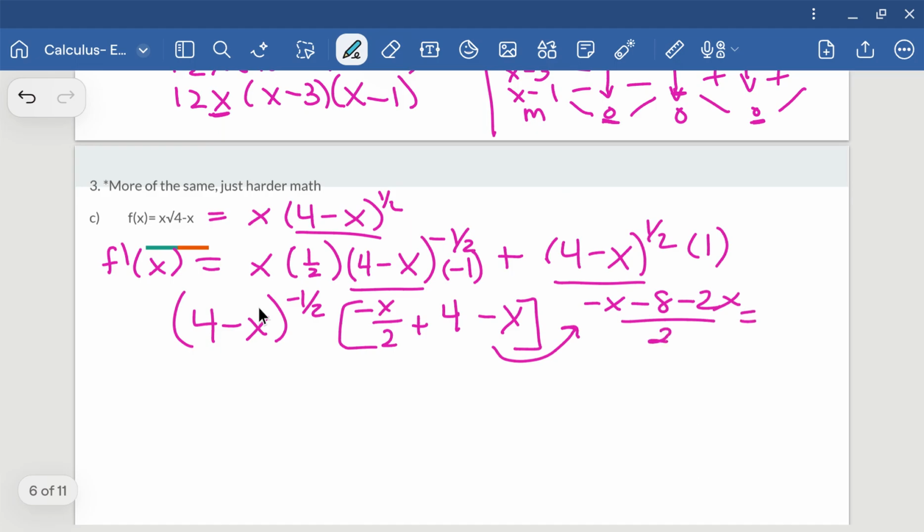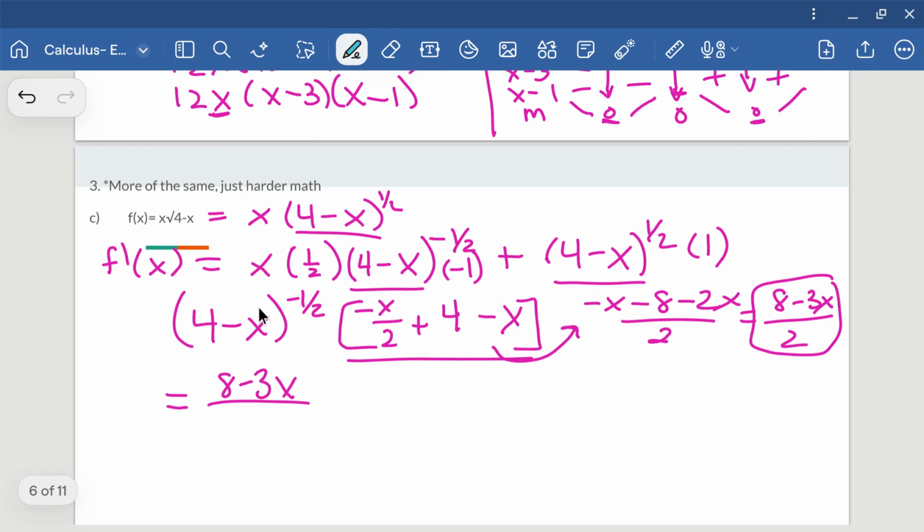And simplify a little further, you have 8 minus 3x all over 2. So if I replace this where my squared brackets were and multiply through and simplify, I would end up with 8 minus 3x in the numerator and 2 times root 4 minus x in the denominator.